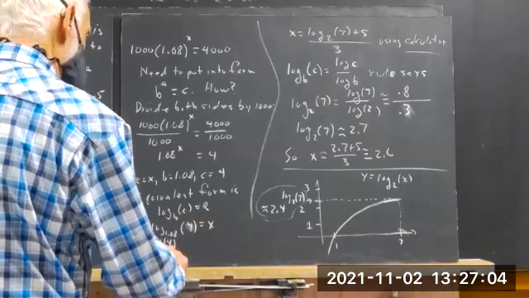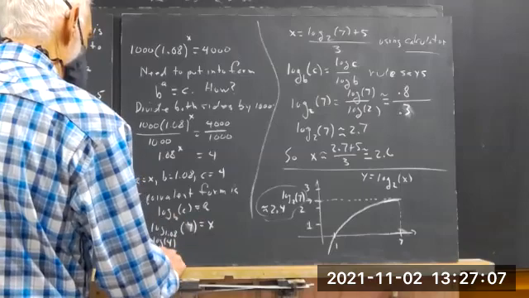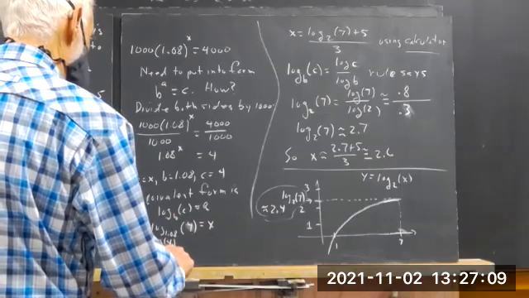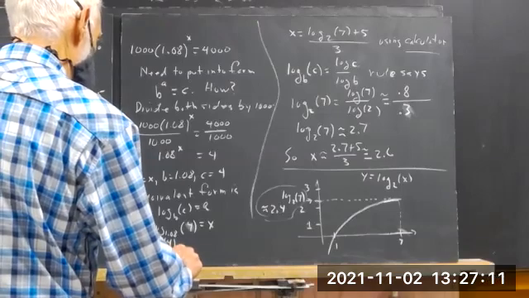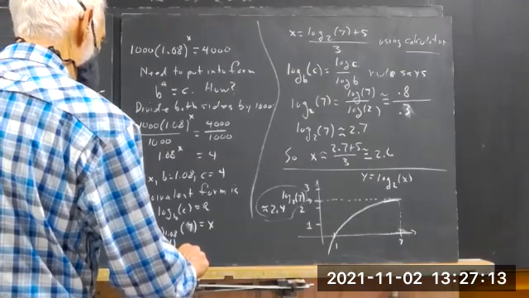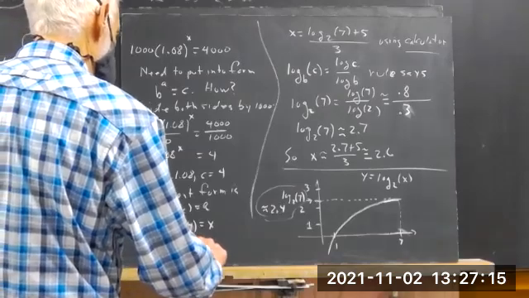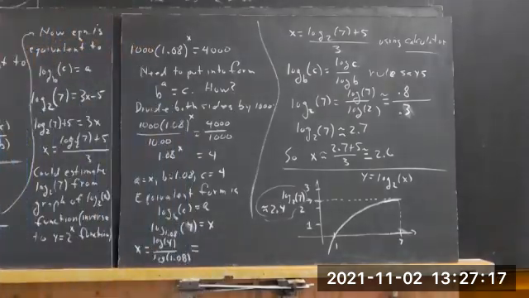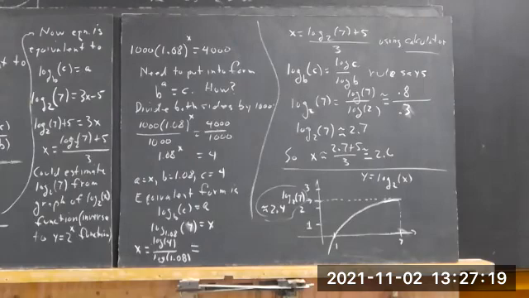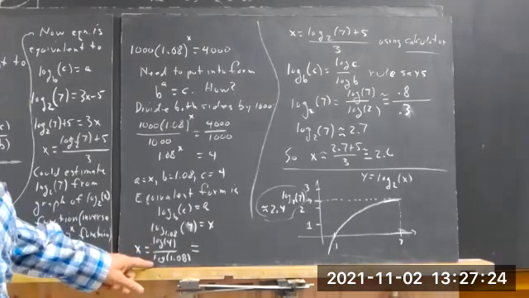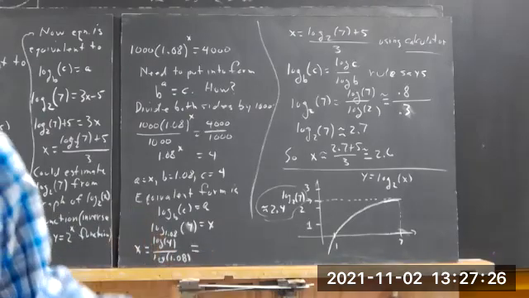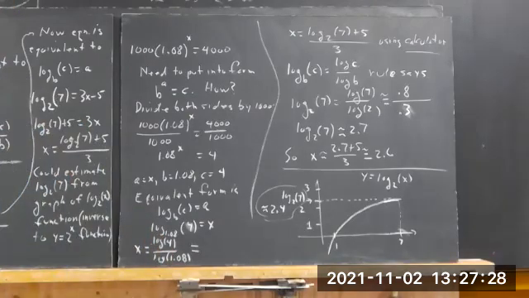So log of what's in here divided by the log of the base, which is 1.08. Okay. So now you can put that in your calculator and figure it out. See what you got.